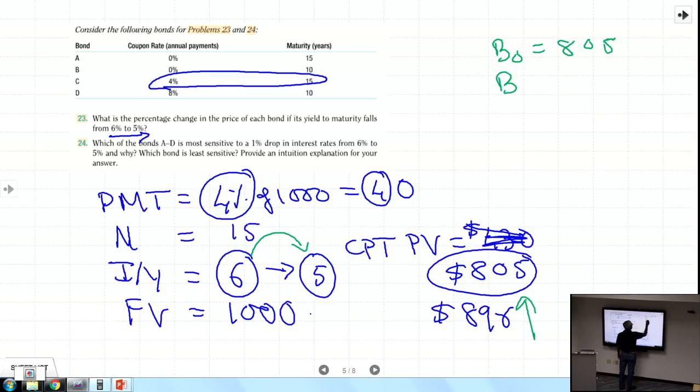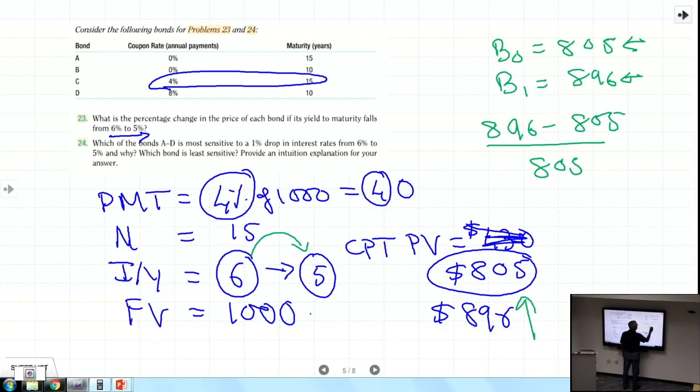The new bond price is 896. So this is the end price. This is the beginning price. So we calculate percentage change as ending price minus beginning price divided by beginning price, and we multiply this by 100. That will give us the percentage change in the bond price, which will be about 11.2%.